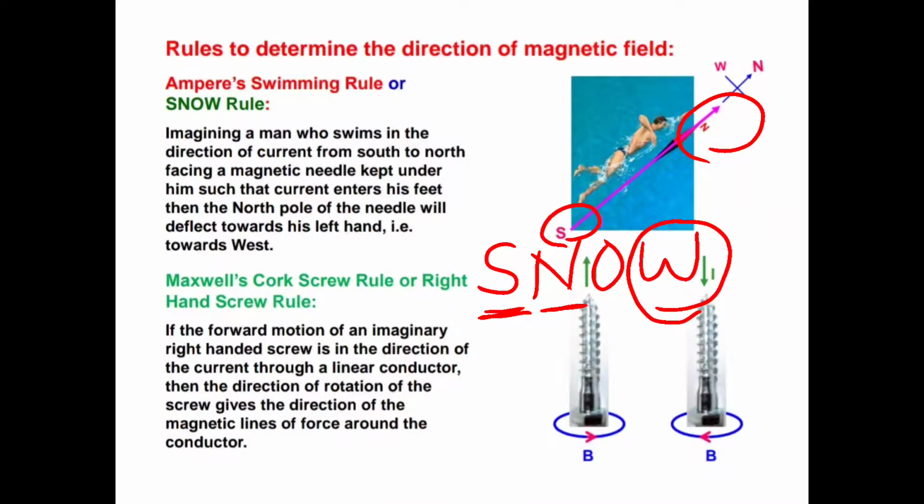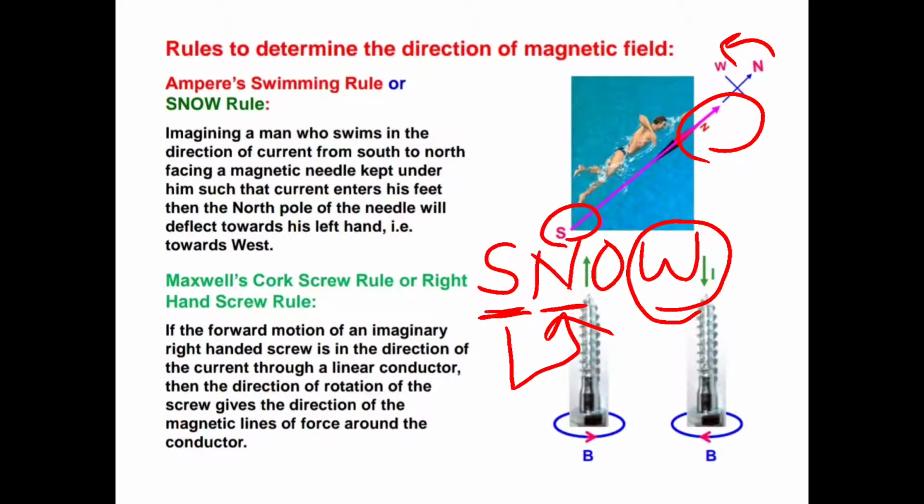This is very important. One example has been shown here, in which one person is swimming in the south to north direction having the needle in his hand. The current is flowing from south to north, so the needle will deflect towards west.